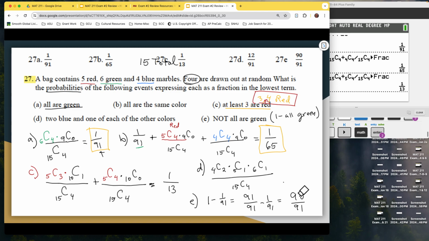And then finally 90 out of 91, so that was correct. This one, again, I'm pretty sure as long as you get this correct, I think I've got it set up, you'll get 12 out of 91 with it. And that's the review. So know how to do these things. This is my work I would show if I need to show my work. The calculator did this, but this notation is showing my work.